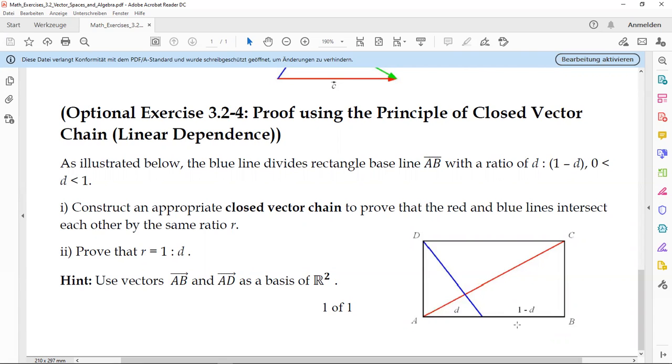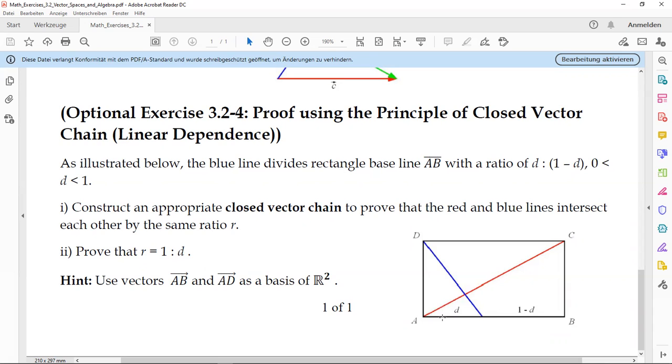If this is 1/3 of the whole and this is 2/3 of the whole, then this one is twice as long as this one. So that's an easy task, really, but some people in the German courses are often a little irritated by this setting.